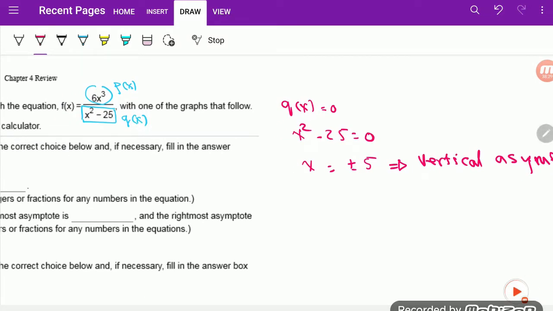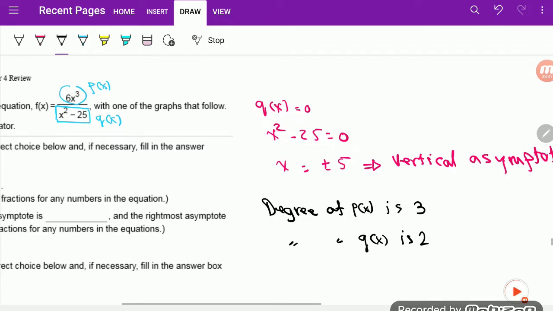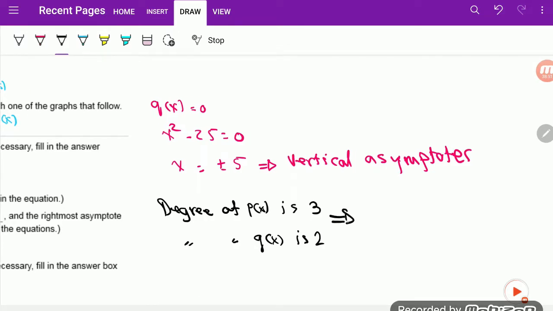The degree of p is 3. The degree of q is 2. So 3 is greater than 2.